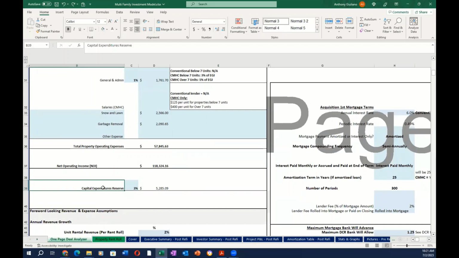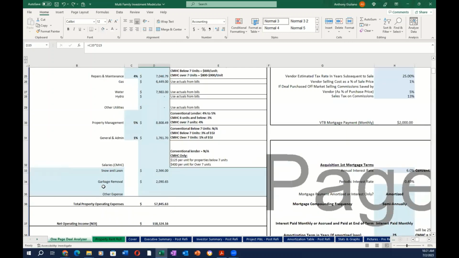However, this should just be a rough capital expenditures reserve to calculate your cash flow over the period during which you're doing the repositioning of the property. So I've just entered in a rough 3% capex reserve to take care of capex over the period from when I've acquired this property to when I've refinanced it.